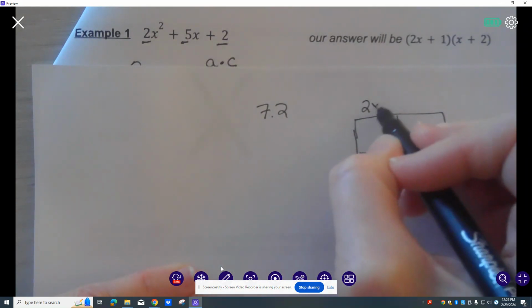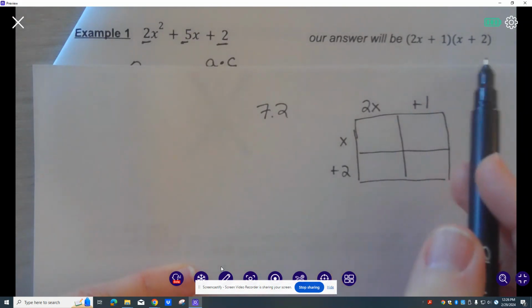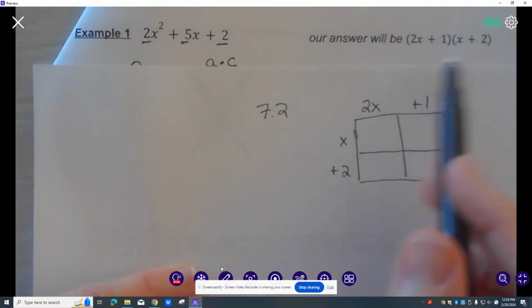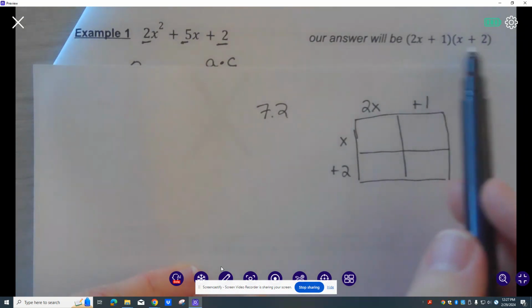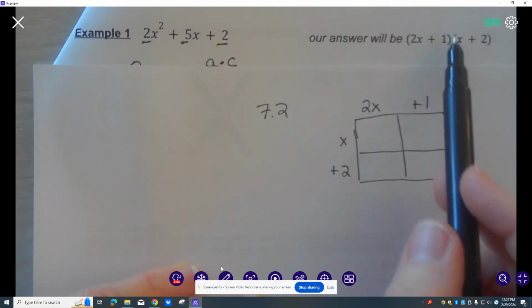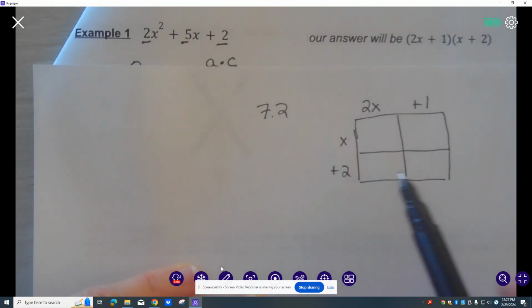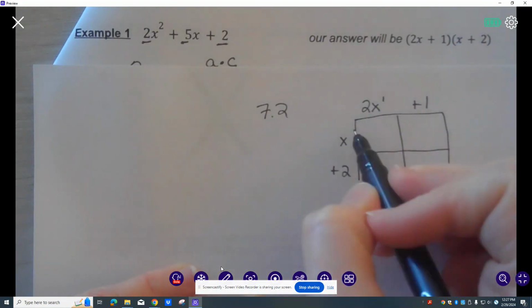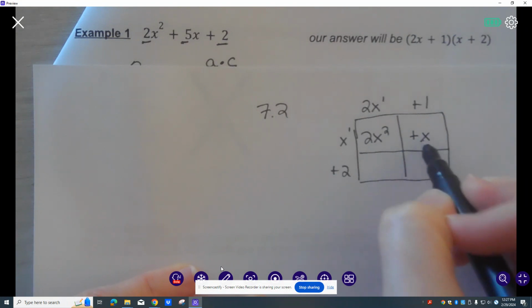So I'm actually going to multiply these two binomials that are in your notes. They're going to be the answer to the problem that we're factoring right now. But in 7.2, if I gave you these and it said find the product, you would put those factors outside your box, and then you would multiply and fill your box, and you would get this.